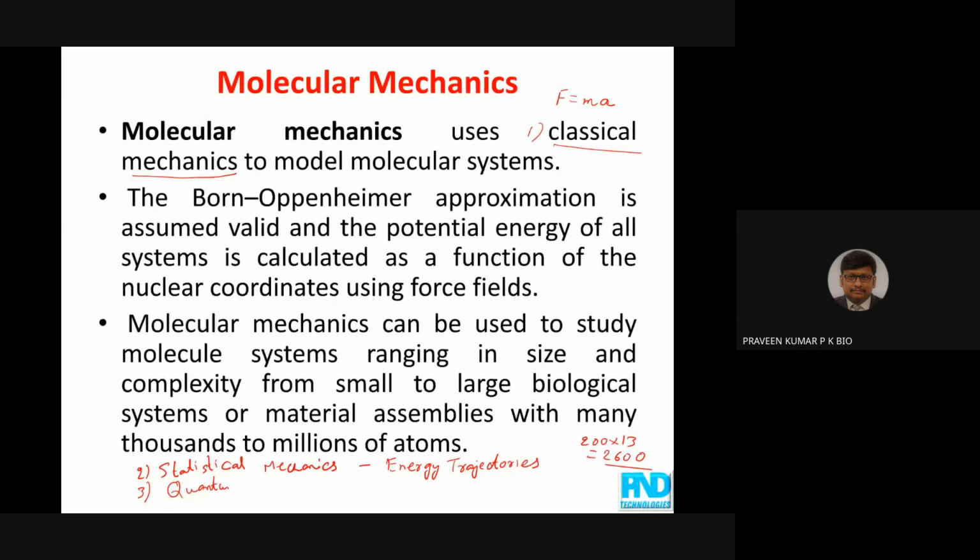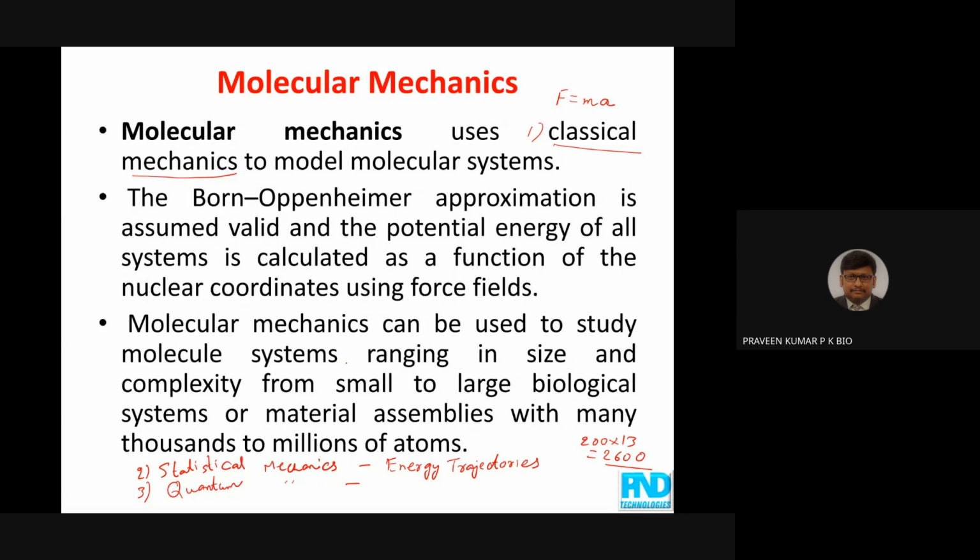Here in quantum mechanics, each and every atom is measured by passing light. The name quantum itself implies we measure the molecules based on the hitting of photons. The light is nothing but a pack of photons, isn't it? If light hits the molecule, you are able to measure the molecule.